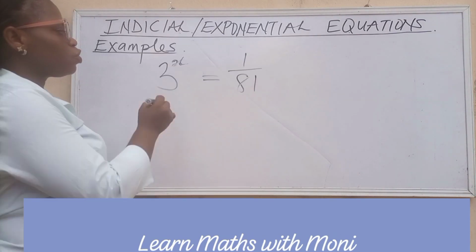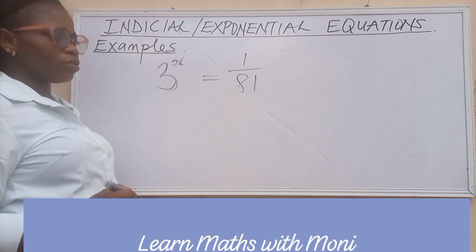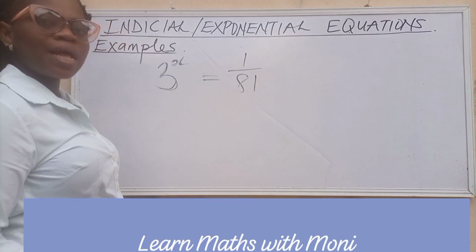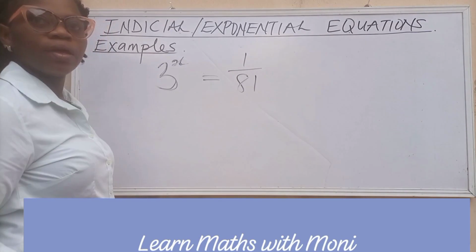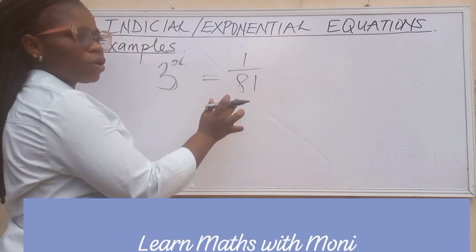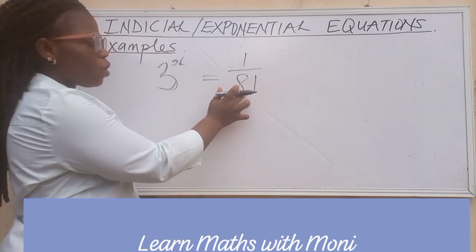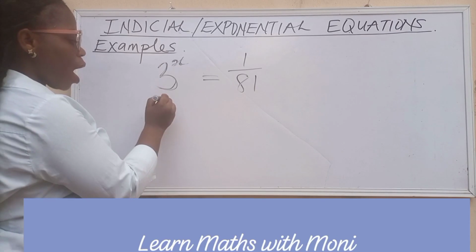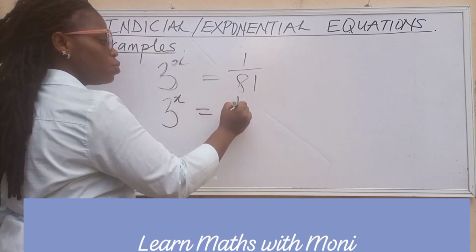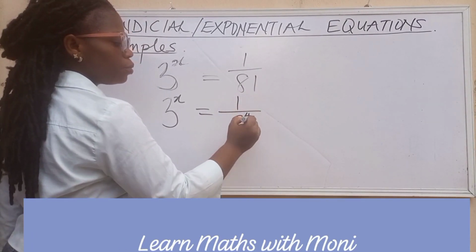Let's go. 3 raised to power x equals 1 over 81. Do you remember our inverse rule? That is the negative power. Looking at 81 as the denominator here, I can form a base of 3 from 81. So I will say 3 raised to power x equals 1 over 3 raised to power 4.